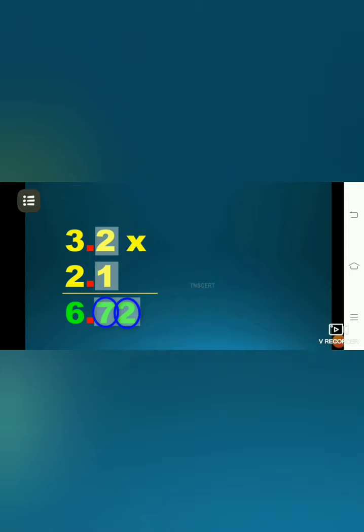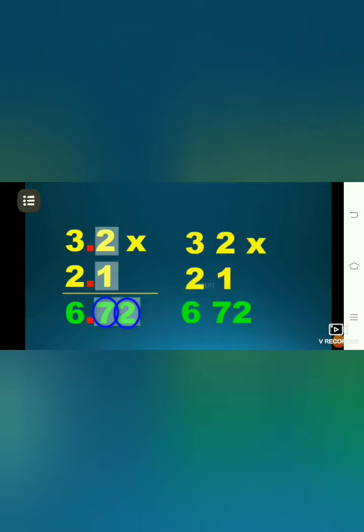This is the number of decimal places we need in our product. In this problem, each of the 2 factors has 1 decimal place, so the product contains 2 decimal places. Move the decimal point 2 places from the extreme right. Now, we got our product.